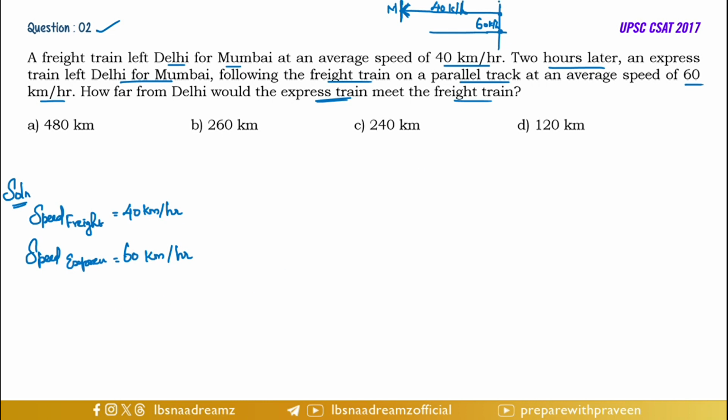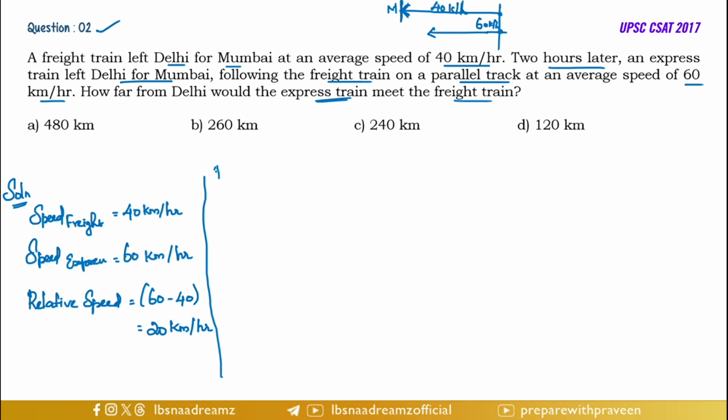Both the trains are traveling in the same direction, right? So relative speed is equal to 60 minus 40, which is equal to 20 kilometer per hour.